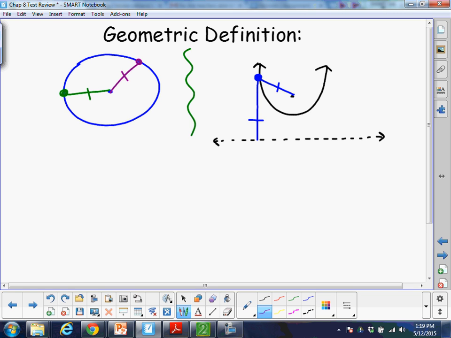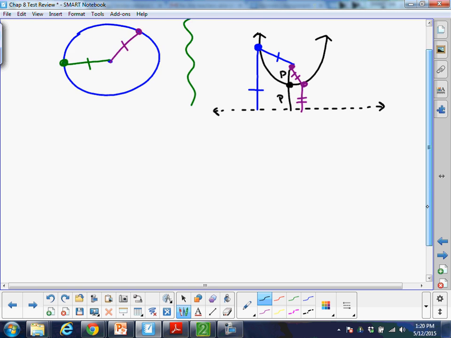If I were to take any other point on the parabola, there's some other distance, and those 2 purple ones would need to be the same. Not the same as the blue, but the 2 purple are the same as each other, and the 2 blue are the same as each other. Again, my drawing's bad, but that kind of shows the definition, right? We're always the same distance from the focal point to the directrix. And if you happen to do it from the vertex, that distance happens to be p in both cases. So that's just a little side note.